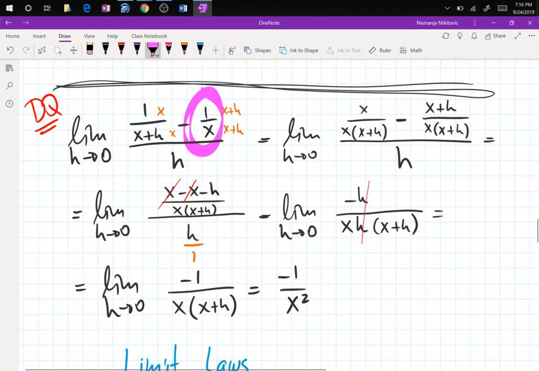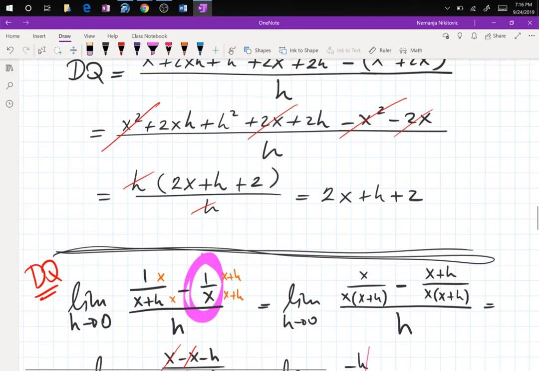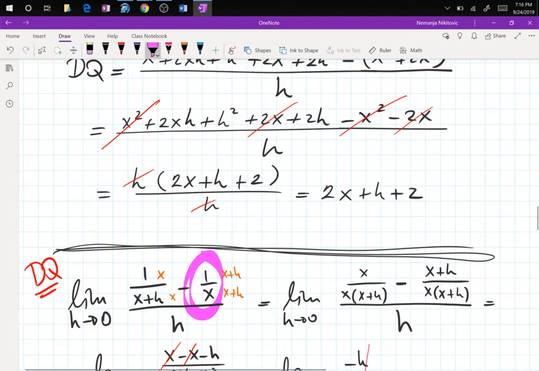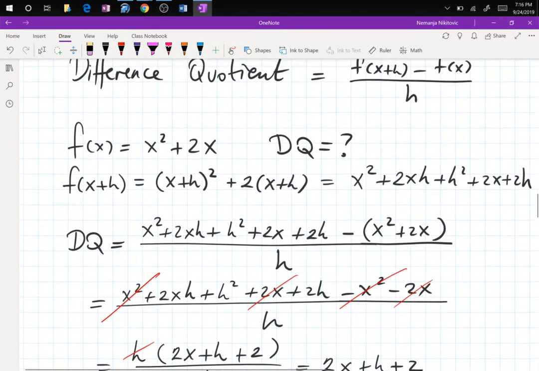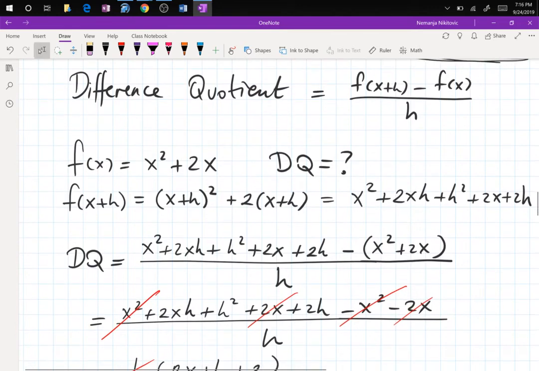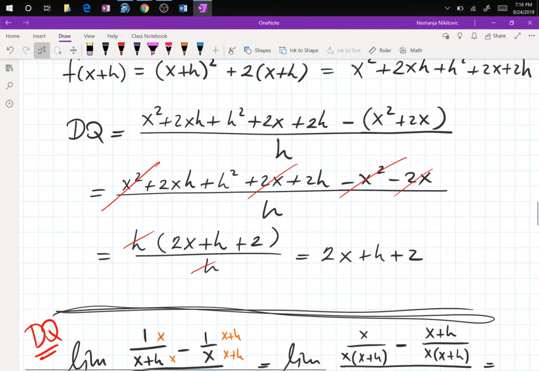Now, did we do it for something else, or did I have only one example? There was another one right up there. But I was talking mainly about difference quotient, and I gave you the formula, and then I worked it out for the square. Now, if you had a limit in addition to this, there would be a limit over here, then this h would go to 0, and the answer would be 2x plus 2.